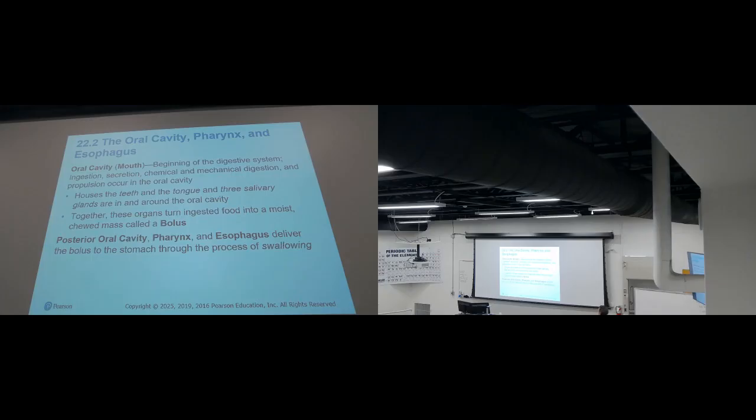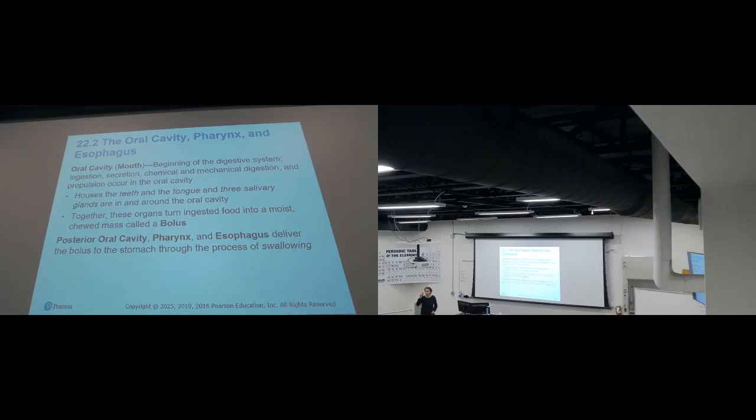Okay, now details about the oral cavity. The oral cavity is the start of the digestive system. It is in charge of ingestion, basically intake of food. Also, it starts doing physical and chemical digestion.